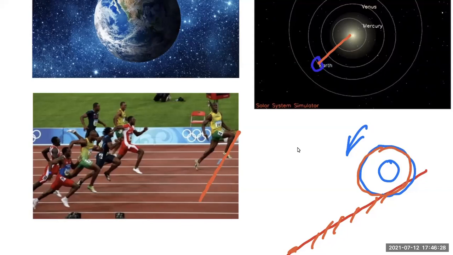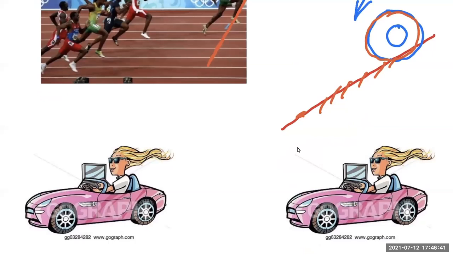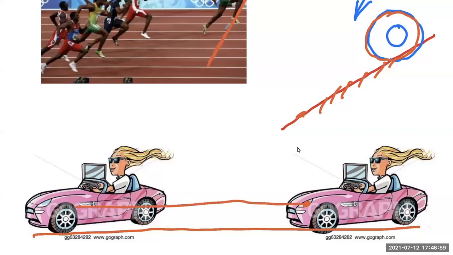And in some cases, you have an object which is actually pretty big, and yet the way it moves is such that every point on that object moves the exact same way. Think of this example. You have a car being driven on a level horizontal road in a straight line, right? This entire car, with its different parts, is obviously not a particle, but if you look at any point, say this point, this point went from here to there.